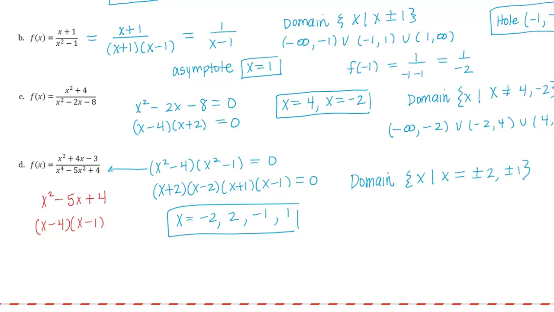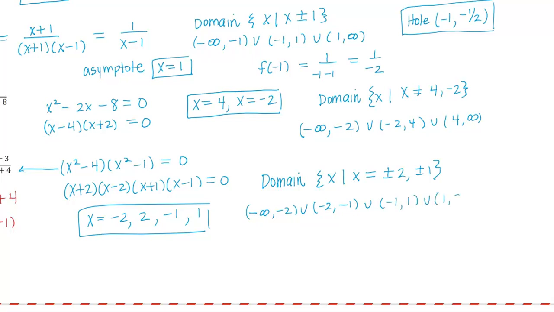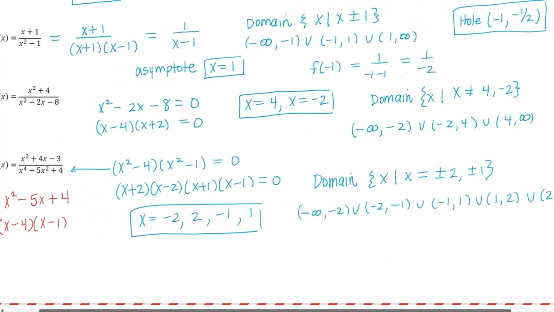This one for sure, writing it in interval notation is kind of crazy because I've got so many different sections to have. We'll go from negative infinity to -2 first, then -2 to -1, -1 to 1, 1 to 2, and 2 to infinity. I think that set notation is often much easier for writing the domains of these.